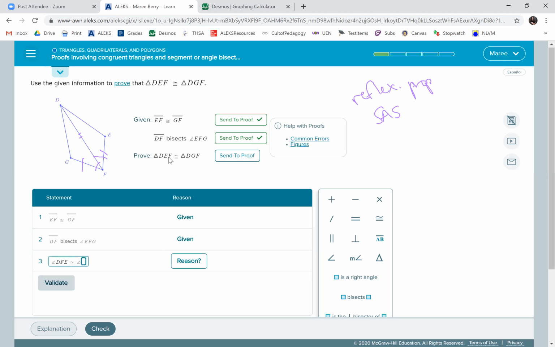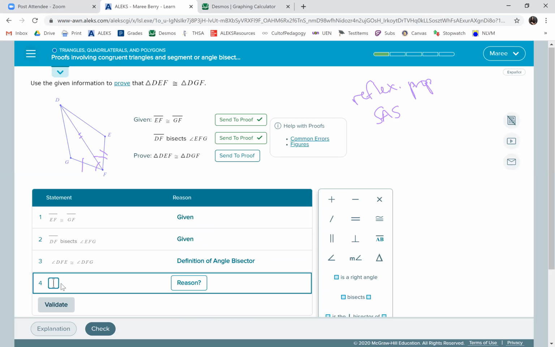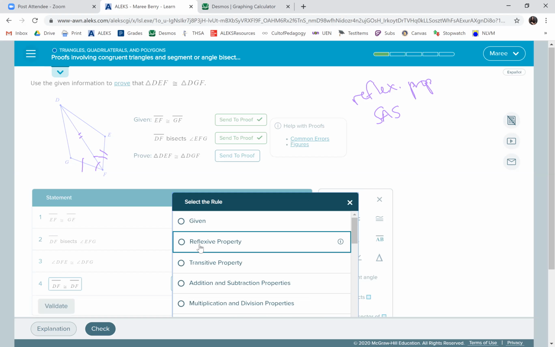Let's see, DFE, so DFG. And that is definition of angle bisector. So we use the angle bisector. There we go. Okay, and then we're going to show DF is congruent to DF, the segment. And that is by the reflexive property.